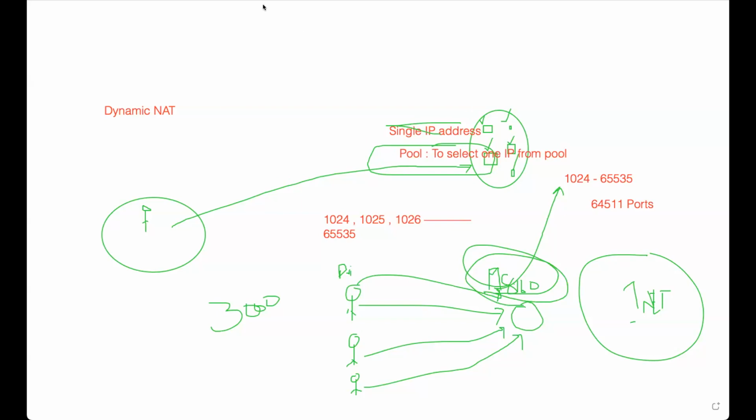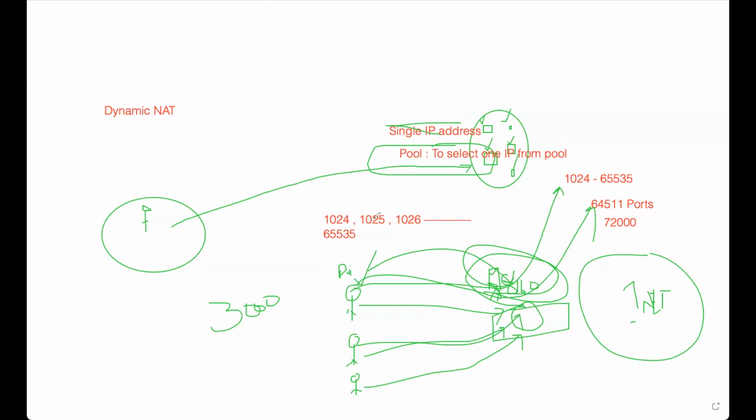But what if my network has 72,000 users? In that case, we cannot allocate one single port to each user because the ports are full. In that case, we need to have a pool, meaning this user may pick one NAT public IP, or they may use a different public IP.